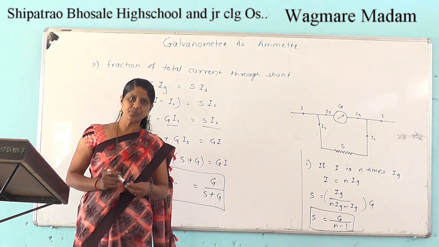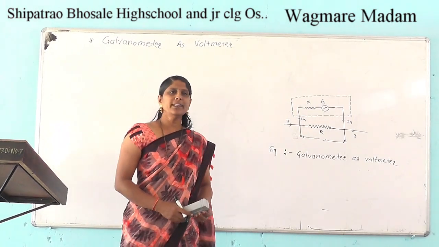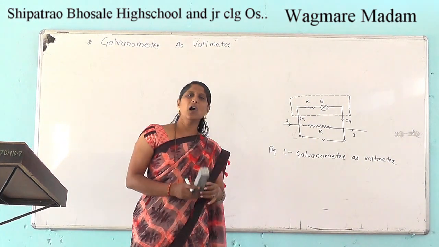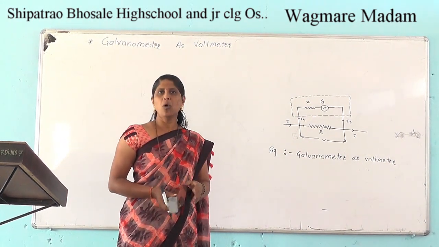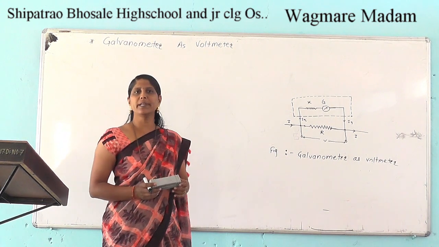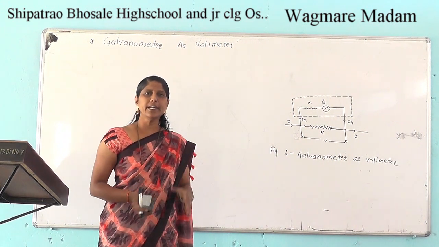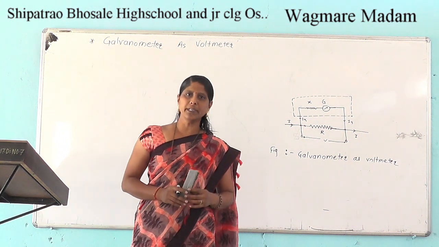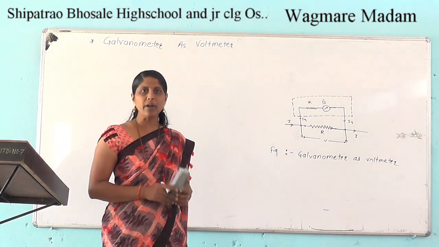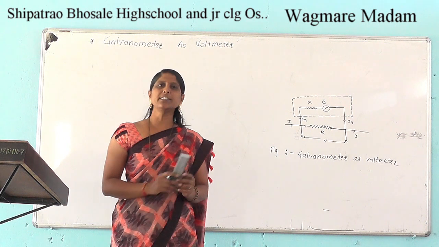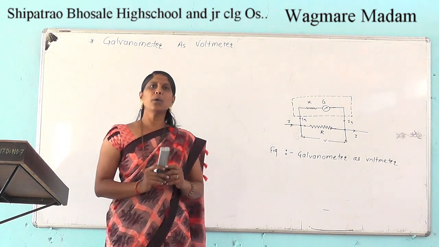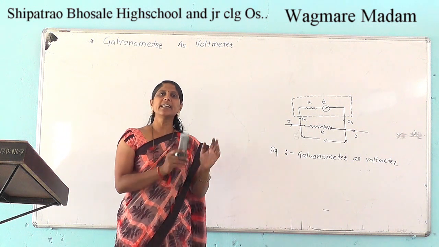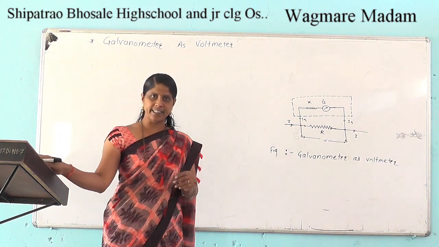Okay, thank you. Now we will discuss the galvanometer as a voltmeter, or how a moving coil galvanometer can be converted into a voltmeter. We know that a voltmeter is an electronic device used to measure the potential difference between 2 points in an electrical circuit.